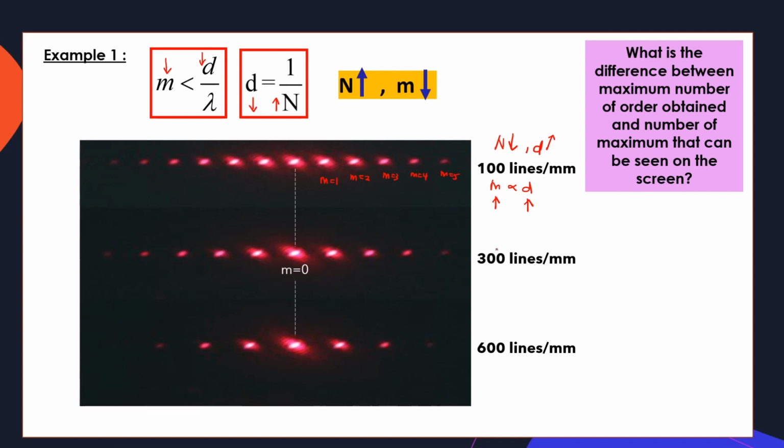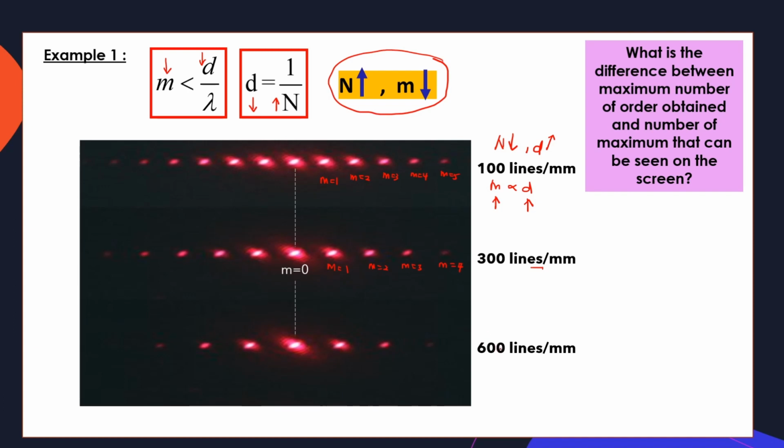Now when we try to increase the number of lines per unit length to 300 lines per millimeter, what happens? Back to this relationship, when the number of lines per unit length is increasing, the order number should be reduced. So now we can only observe up to the 4th order: 1, 2, 3, and 4.